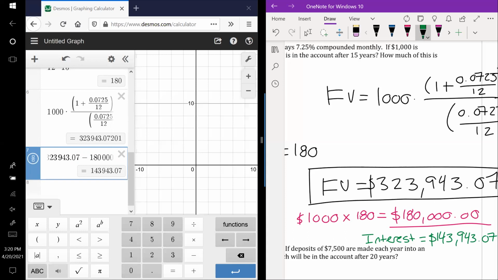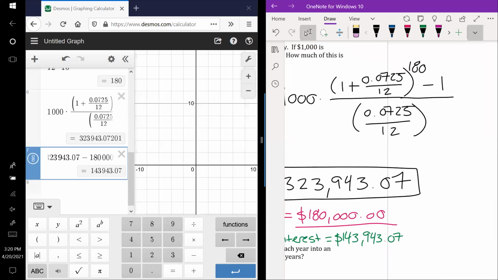That is some interest I would like to have. So that's almost $144,000 in free money over 15 years. So that is the way you guys want to invest. So that's interest.